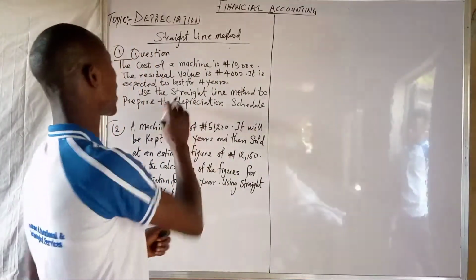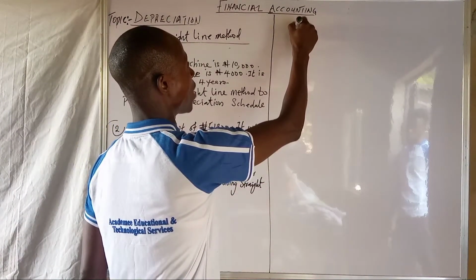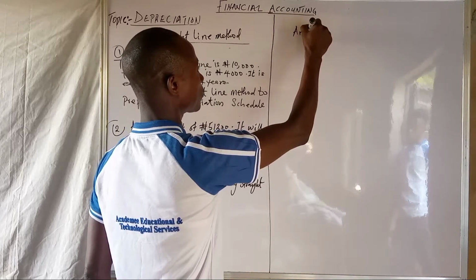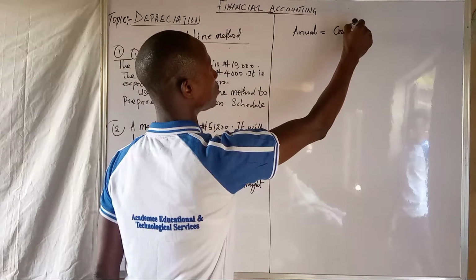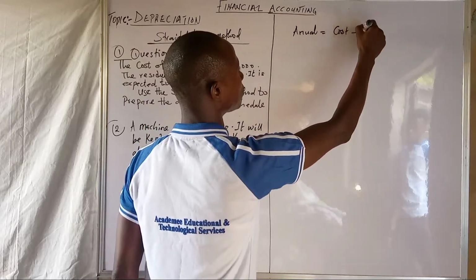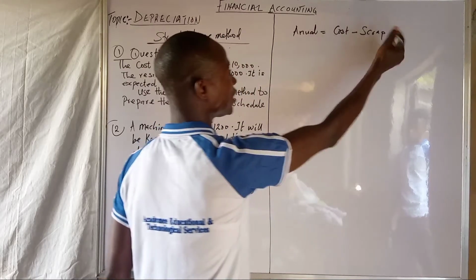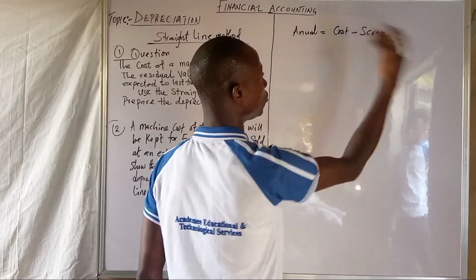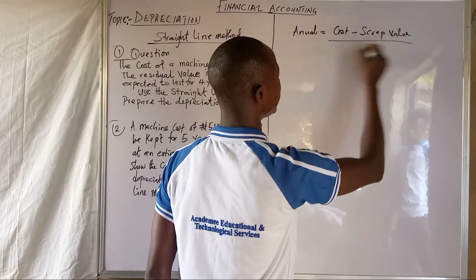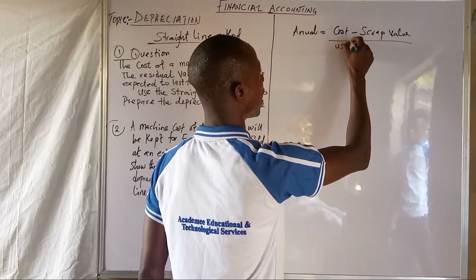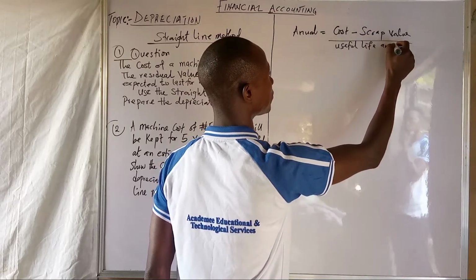So the formula to charge the straight line method is: annual depreciation equals cost minus the scrap value, or estimated value, or residual value, whichever you come across in the question, all over the useful life of the asset.